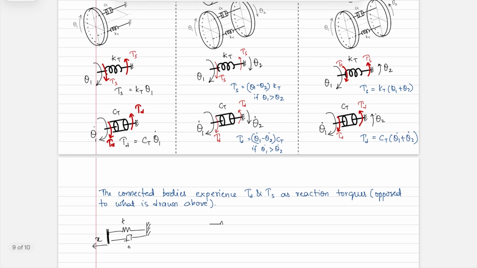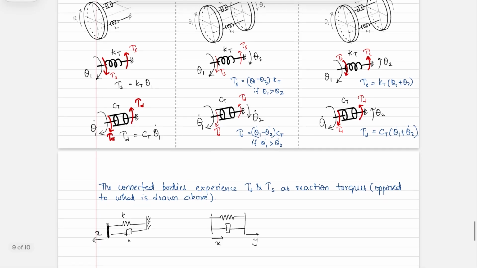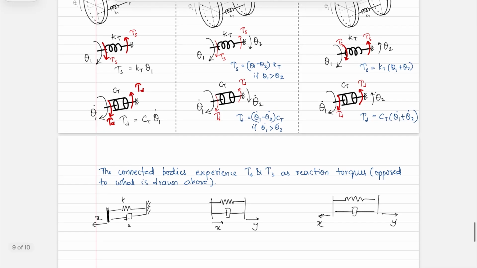In the second case, you have a spring and damper, but now one end is moving by x and the other is moving by y. And the third case is where you have them moving again by x and y, but in opposite directions. So these are effectively the three cases that we've just discussed.